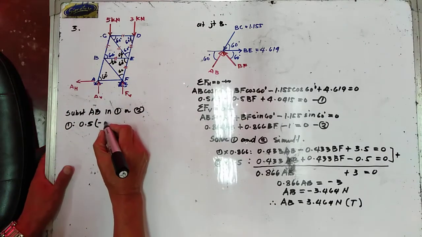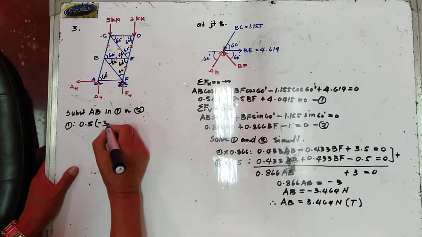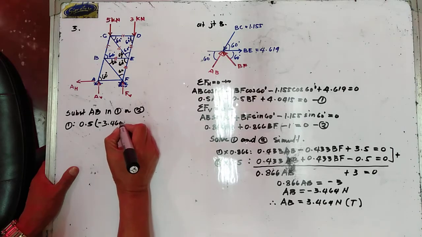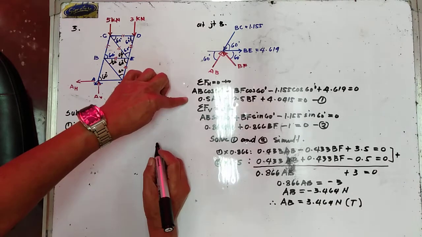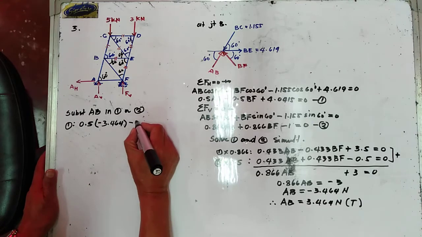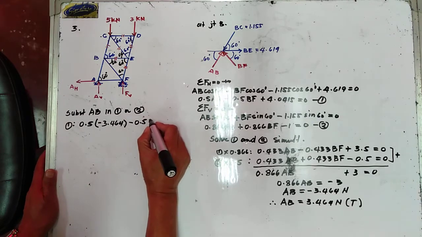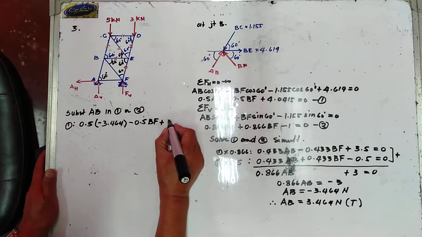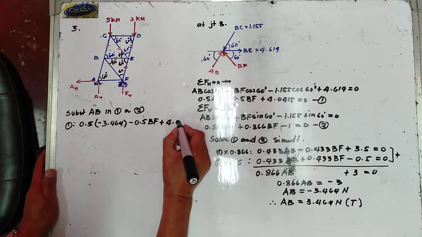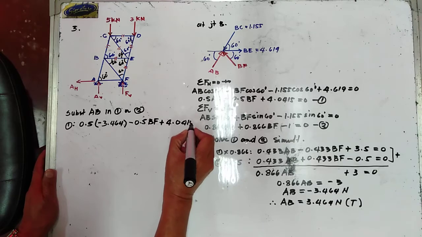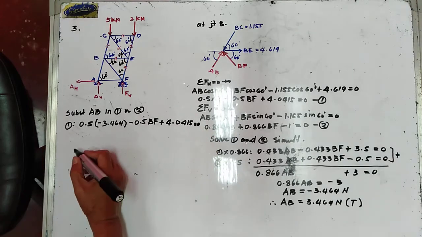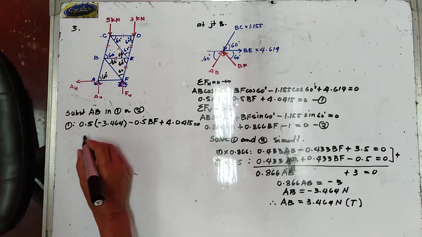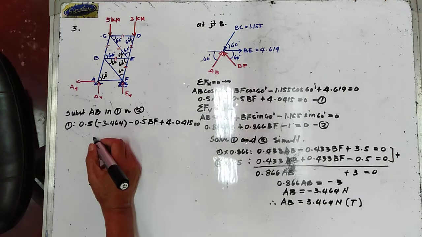So minus 3.464, minus 0.5 BF, plus 4.0415 is equal to 0.